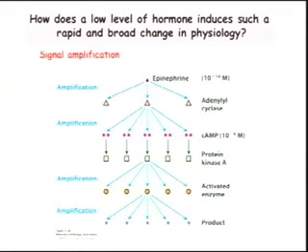So you can start with 10 to the minus 10 molar of epinephrine. Each epinephrine binds to a receptor. Now, each receptor, a GPCR, can activate about 100 molecules of trimeric G proteins. So you have a signal amplification there. Now, each G protein activates one adenylate cyclase.